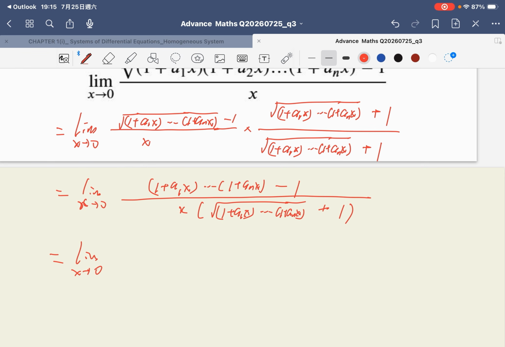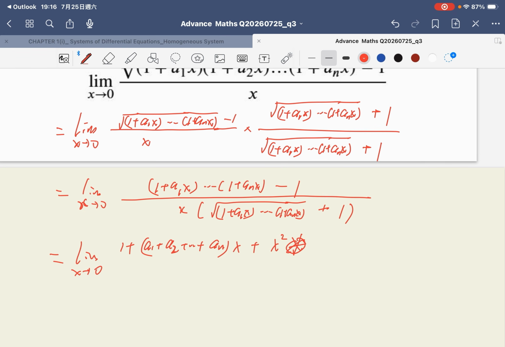That means there is 1 plus a1 plus a2, up to plus an, times x, and the other terms are x squared terms.